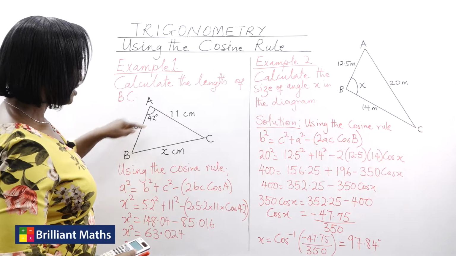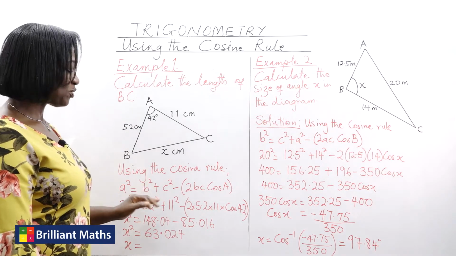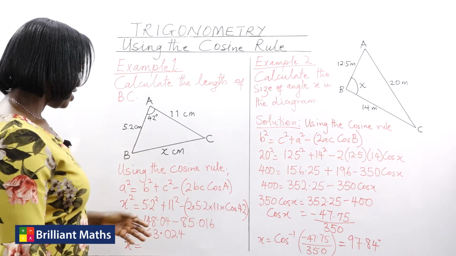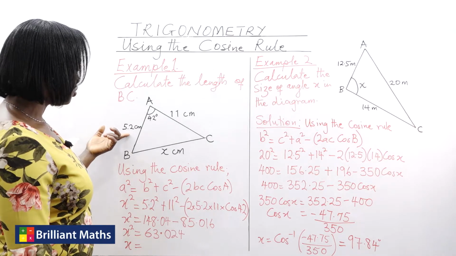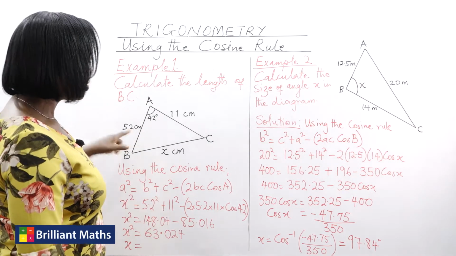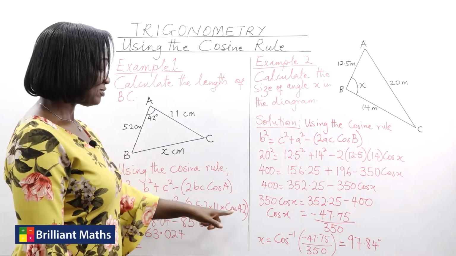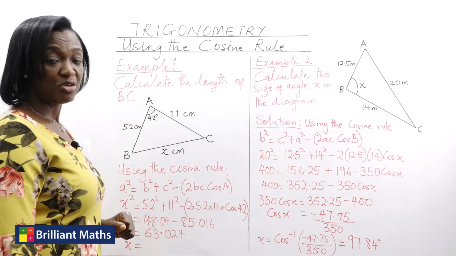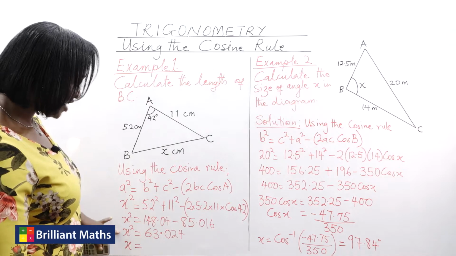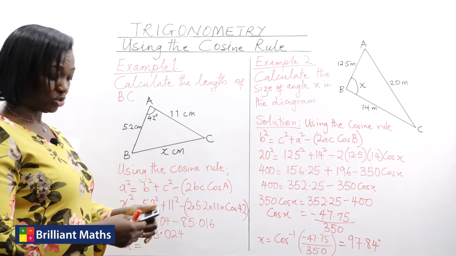Our B is 11, so we have A squared is equal to B squared plus C squared minus 2BC cos A. So we can use 5.2 squared plus 11 squared minus 2 times 5.2 times 11 times cos 42 degrees. You input that into your calculator and you have that x squared is equal to 63.024.